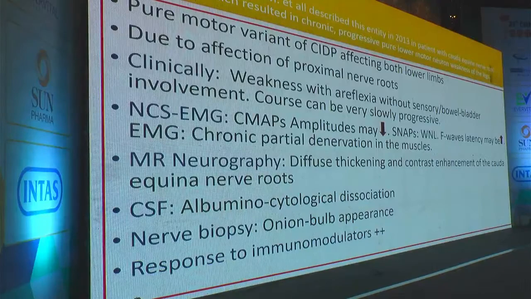Here nerve conduction studies may show CMAP amplitude lowered if the disease is moderate to severe. SNAPs will be normal. F wave latency, H reflexes might be abnormal because they indicate roots functioning, and EMG will show chronic partial denervation.